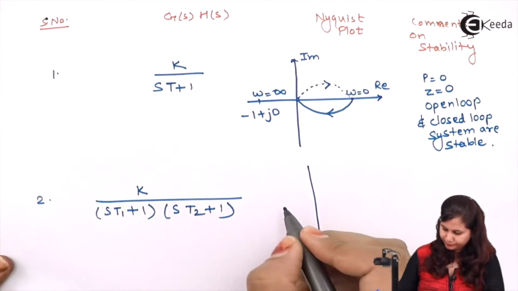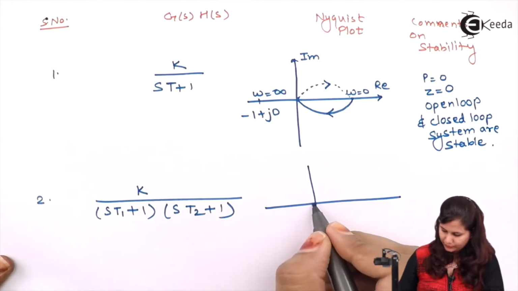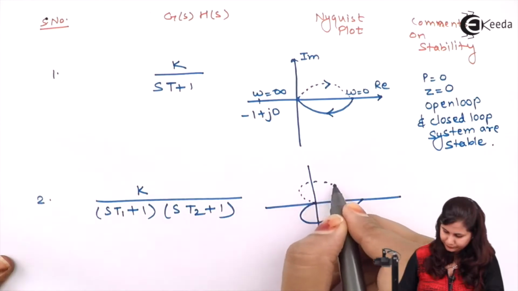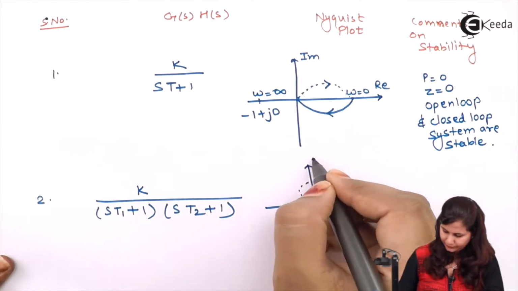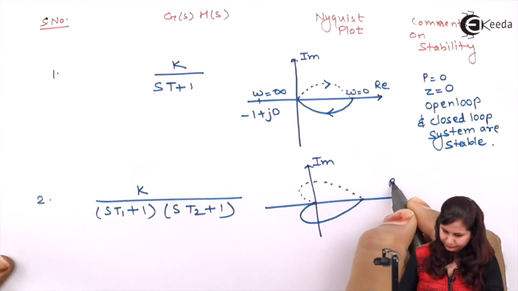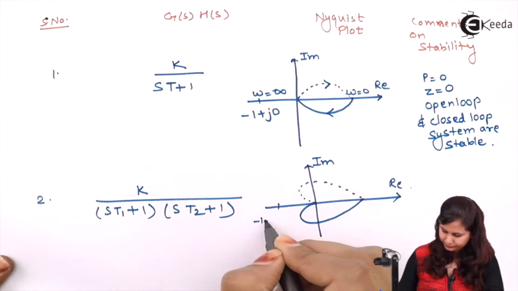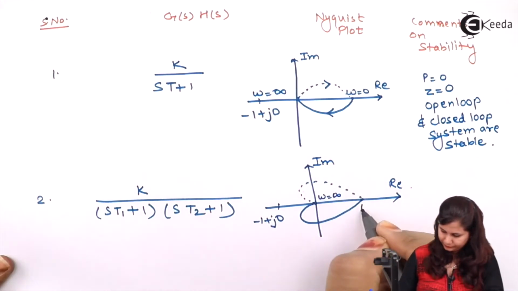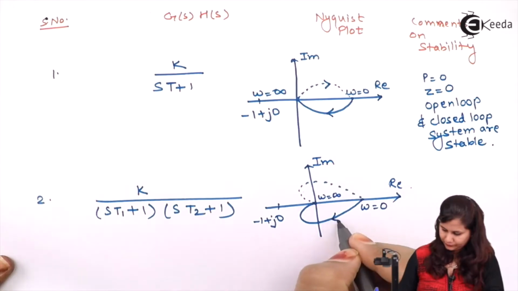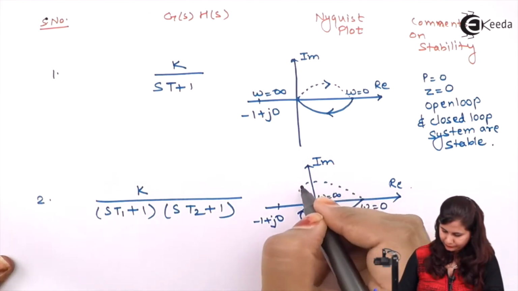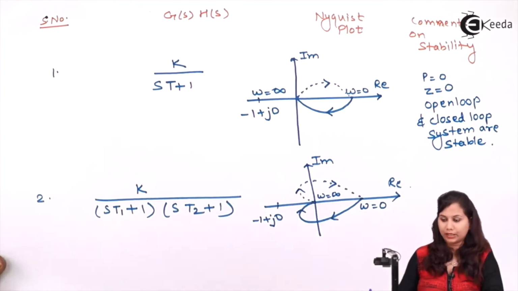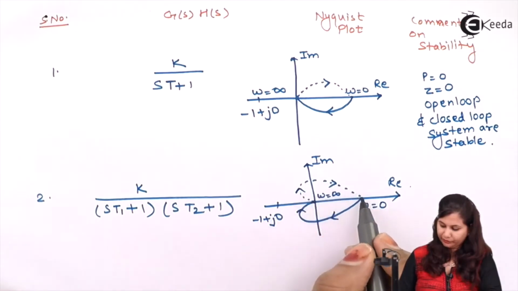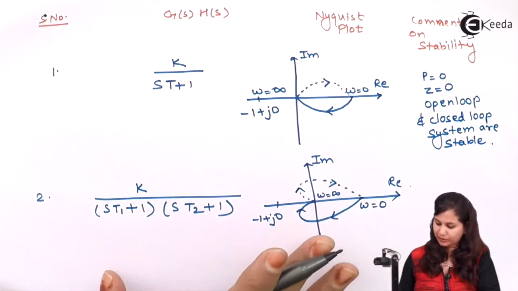For this, the Nyquist plot will be like this: the polar plot starting from omega equals 0 to infinity, then drawing the mirror image, so it is the complete Nyquist plot.